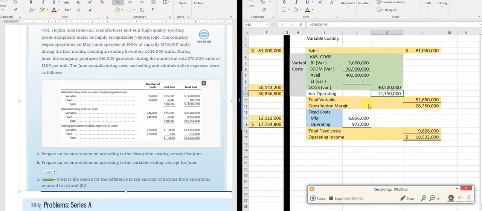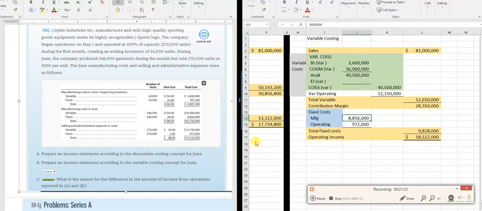Okay, then my variable operating is 270 times 45, which is the 1.25, so that's there. So now I have my total variable cost, which is variable manufacturing and variable operating. I'm just adding these two numbers together, right there. So sales minus variable cost is contribution margin minus fixed costs, and in variable costing, fixed costs are fixed.